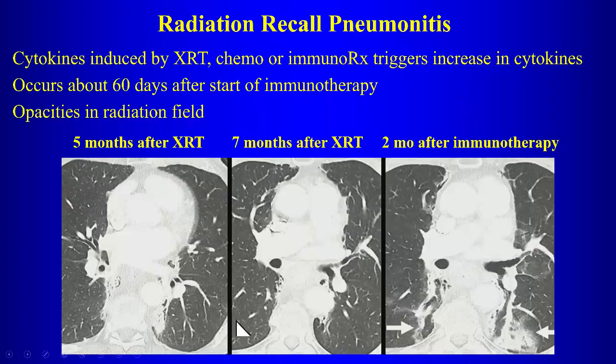So when they start immunotherapy, even though it's much later than their radiation therapy, they develop active pneumonitis in the radiation therapy field. That is called radiation recall pneumonitis. Right, so this is something else to think about in your differential diagnosis for strange-looking opacities in a patient with a history of lung cancer.